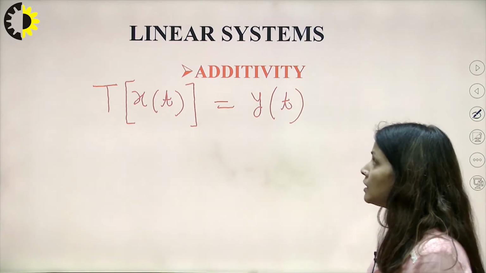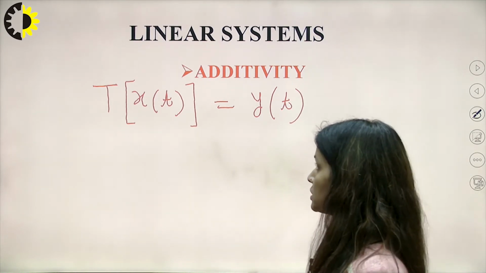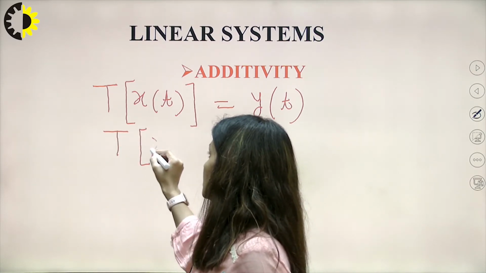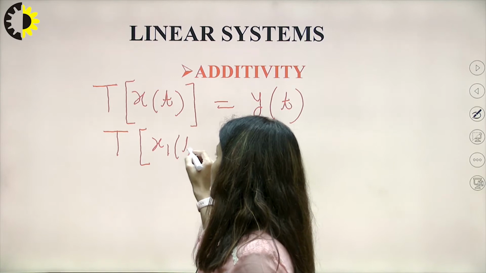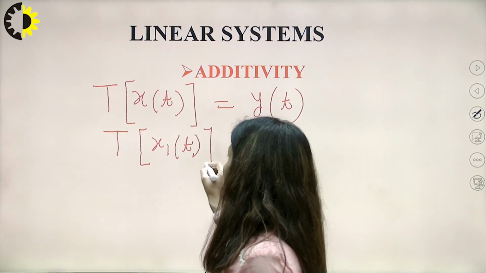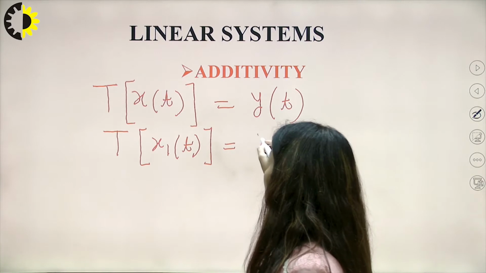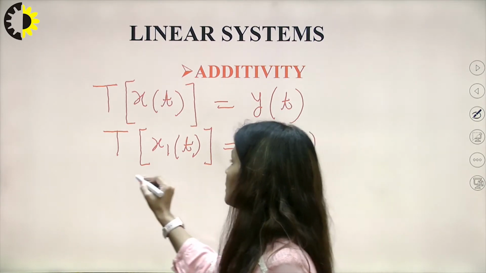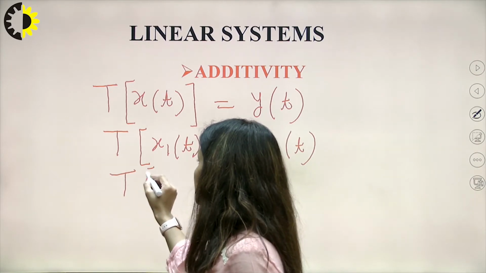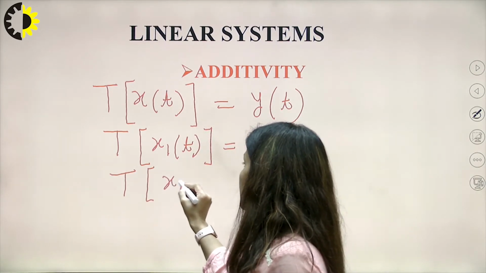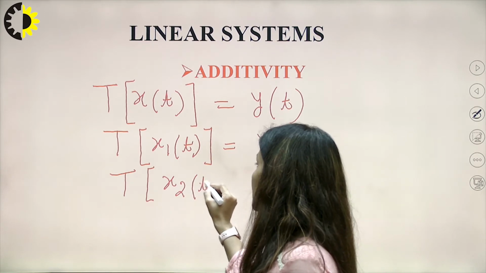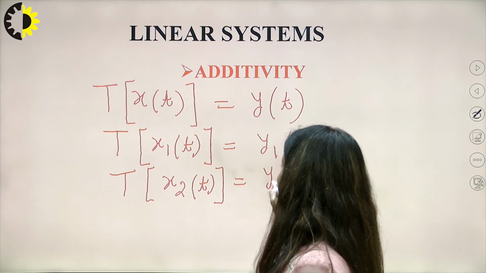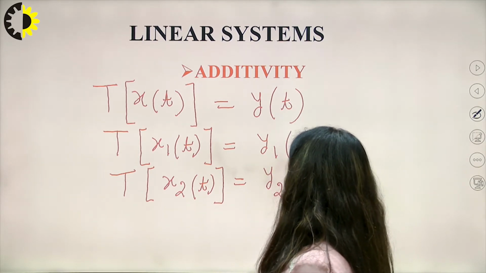If I take more inputs to the system, let us say T of x1(t) is equal to y1(t), and T of x2(t), another input, is equal to y2(t).